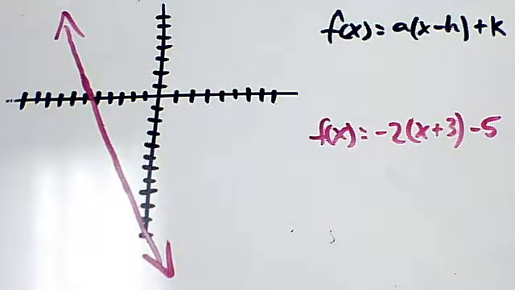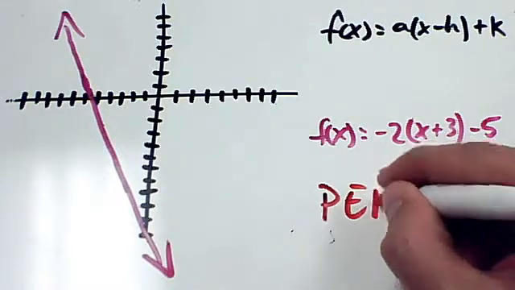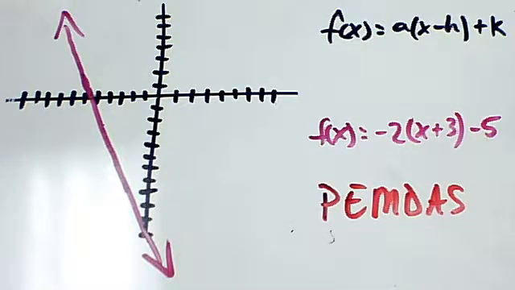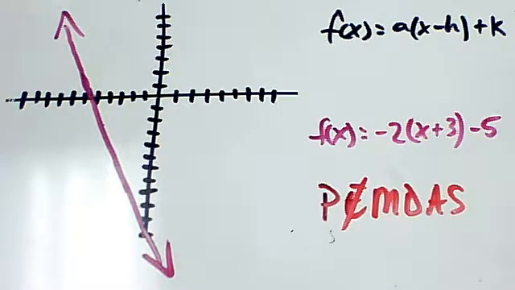We're gonna start out with the parent function and see how we're going to transform it into this purple function. When you're doing a transformation, you can actually go off of PEMDAS. Now we don't have any exponents, so we probably won't be needing this one, but we are multiplying, adding, and subtracting. So let's go off of that.